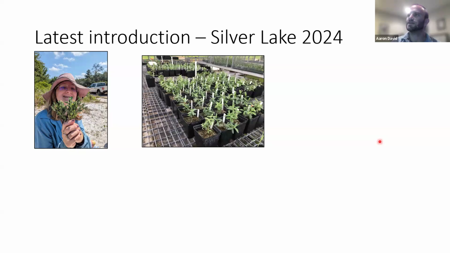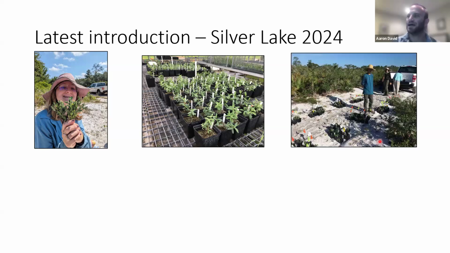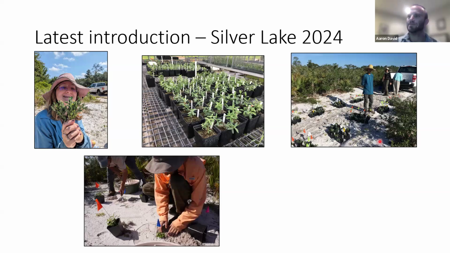They're propagated from these cuttings at Bok Tower Gardens with a conservation program over there led by Cheryl Peterson. Once they were ready to go, we brought them out to our site, planted them, and used these nice water boxes to help keep them wet during the drought, which started right away, unfortunately.